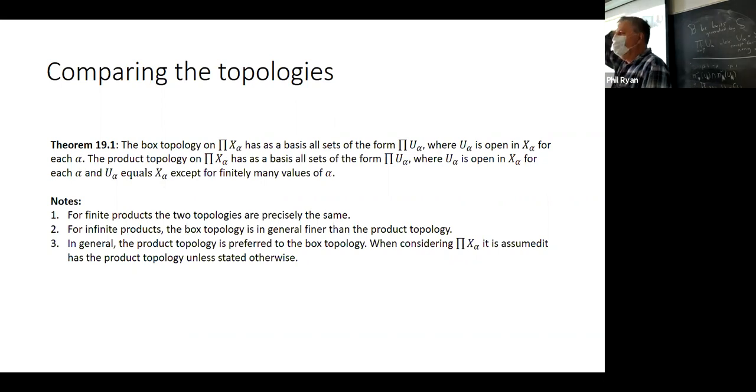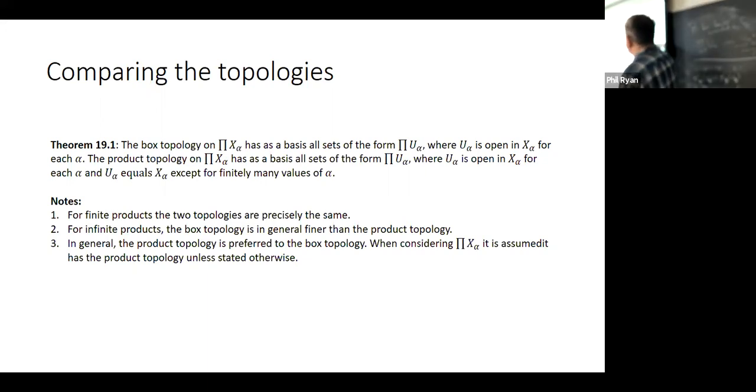Because in the indiscrete topology, the only open sets are the whole thing. So, right, trivially. Except for finitely many, except for 0. Okay. And except for the empty set, and if you've got the empty set in it, then the whole product is the empty set.